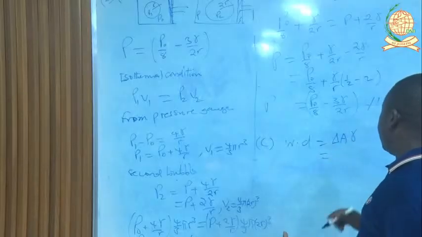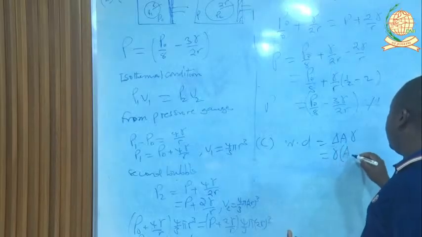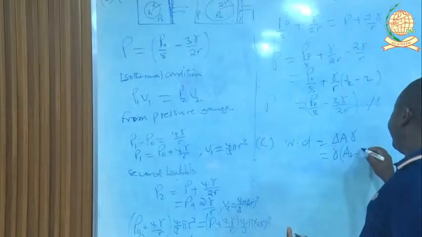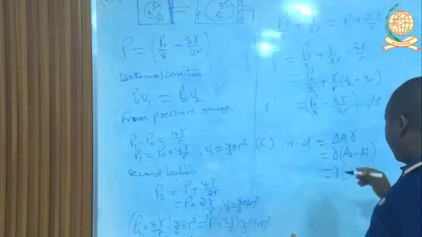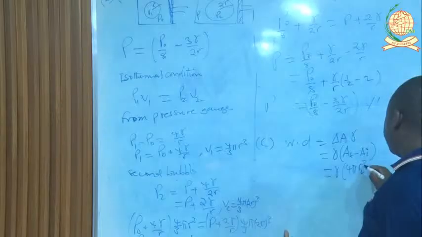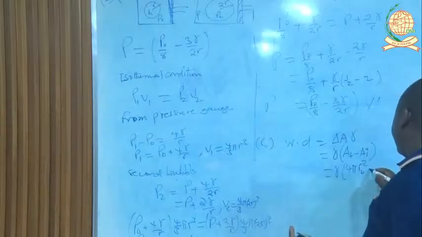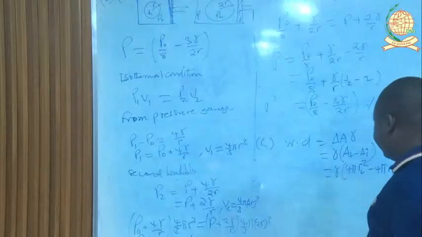For the bubble, it means it is area final minus area initial. Gamma times area final, it is 4 pi R2 squared minus 4 pi R1 squared.